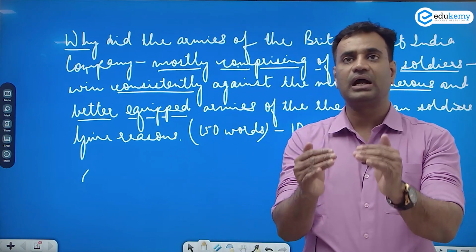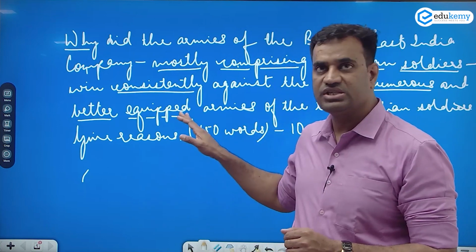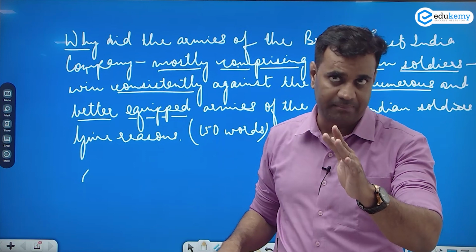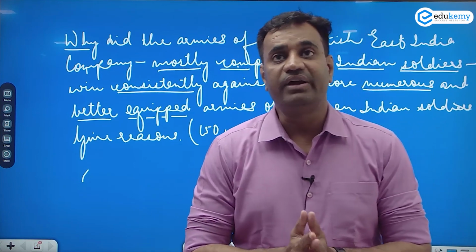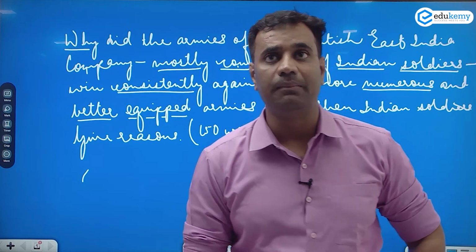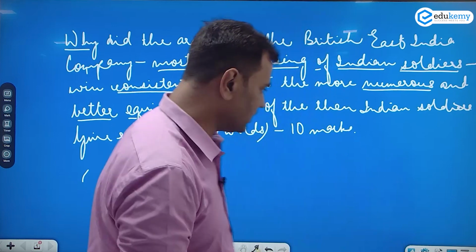Clear? Then coming to the major reasons that will flow from here. The major reasons will be explained along with examples. Clear? The first reason obviously will be that the feeling of regionalism or parochialism dominated over nationalism.